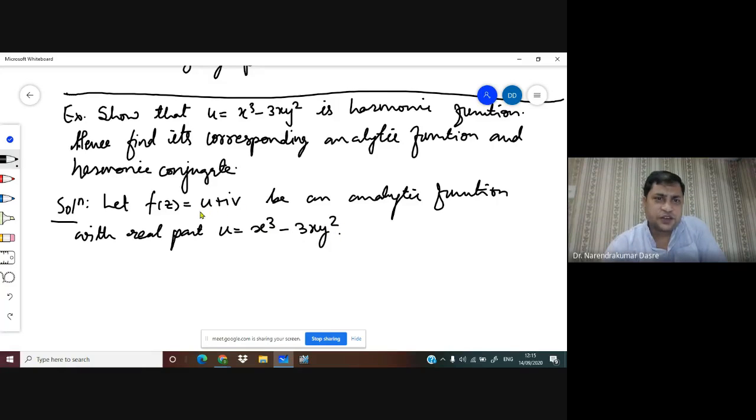Without loss of generality, we consider u as the real part and v as the imaginary part. So this is going to be the real part of this analytic function. We have to find out the analytic function as well as v also.